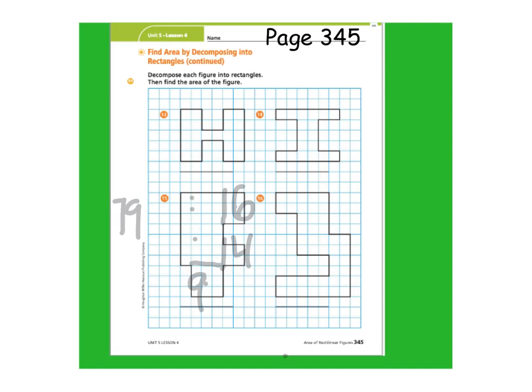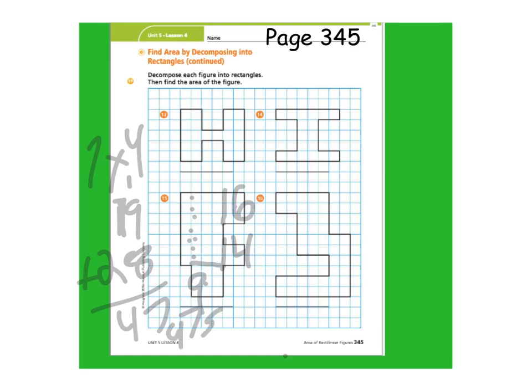So 1, 2, 3, 4, 5, 6, 7. So 7 rows, 4 in each row. So I would have 19 plus 28. So 47 square units. So it ends up being pretty quick.